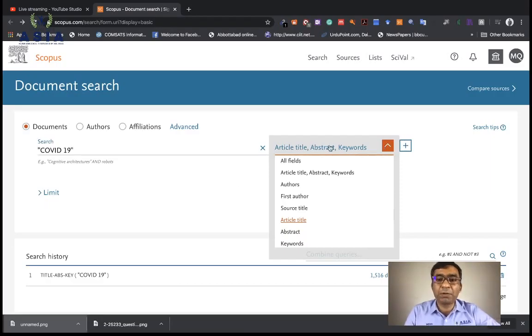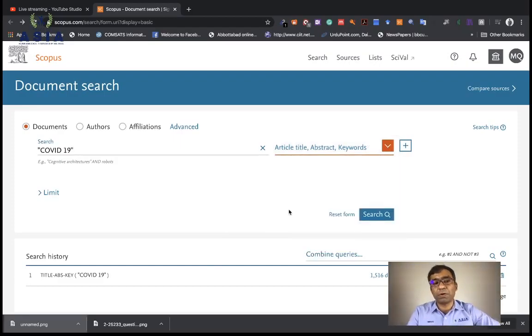But usually I use article title, abstract and keywords. This is the most important information in the Scopus database. Remember, Scopus doesn't have all full articles. It is a database or index which only indexes your abstract, your references and other metadata. But we need to utilize and capitalize on the information we have.